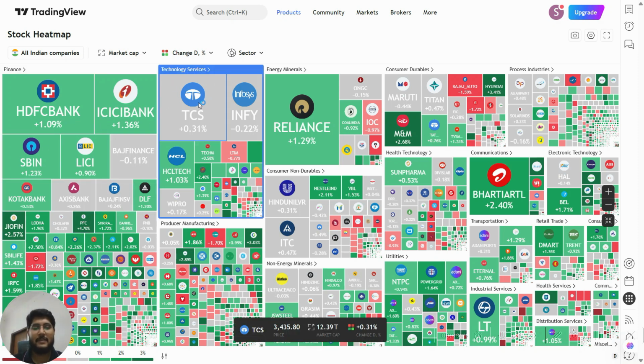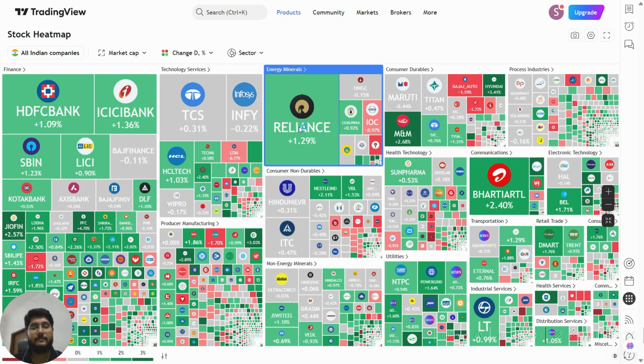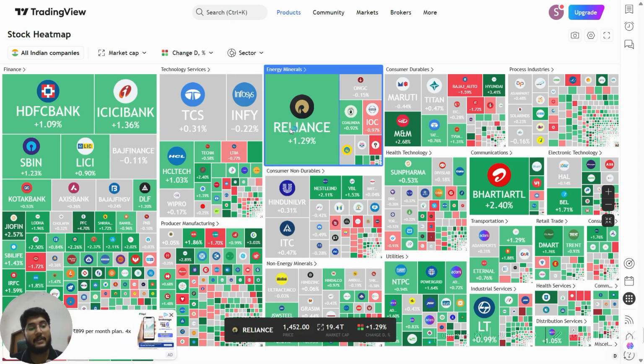Same goes for technology services. TCS, Infy, HCL, Wipro, you name it, Tech Mahindra, LTIM, all these have moved because the market moves, right? It goes upwards or downwards. However, it also helps us to understand and to track which stocks are in an upward position or going on a downward trend.